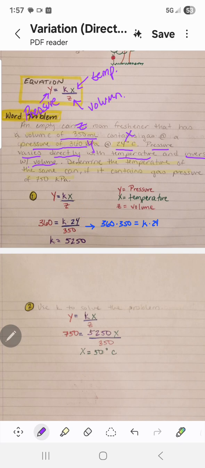Plugging into my equation, I get 360 equals K times 24 over 350. Multiply the 350 over, then divide the 24. You get K is 5250. Once I have K now I can answer the question. What is the temperature? I don't know. Of the exact same can if the pressure Y changes.